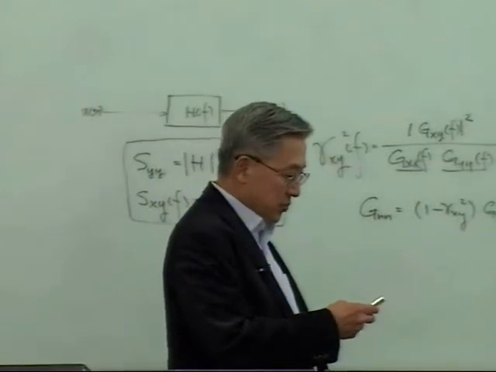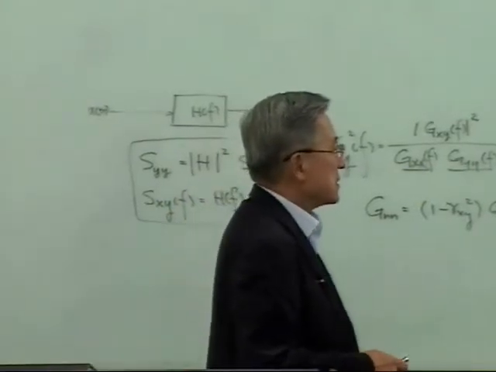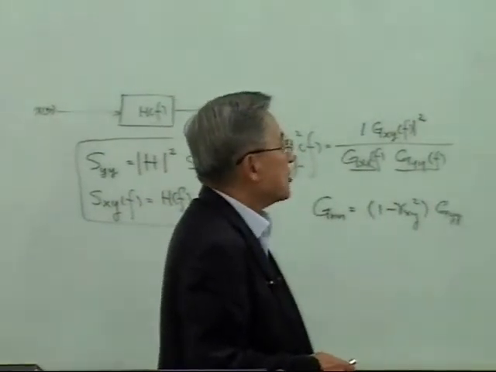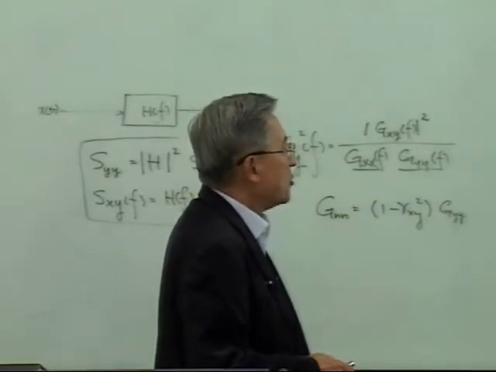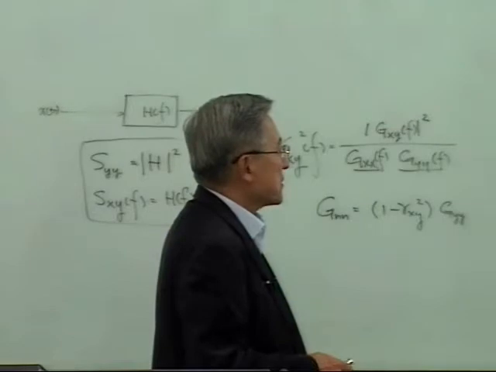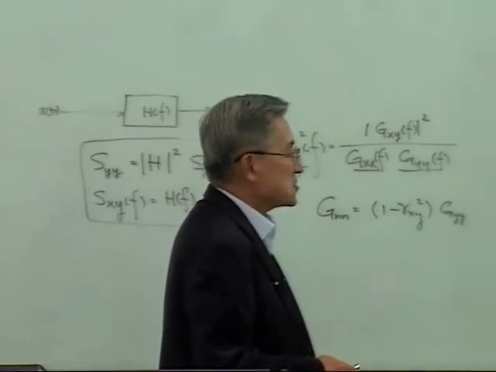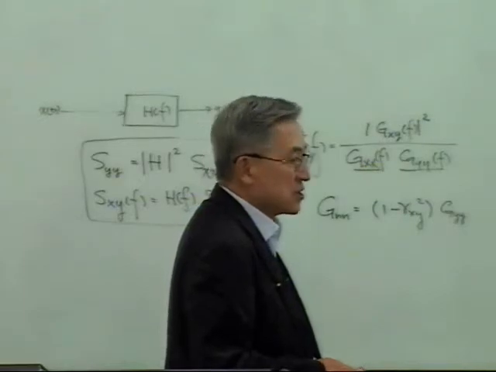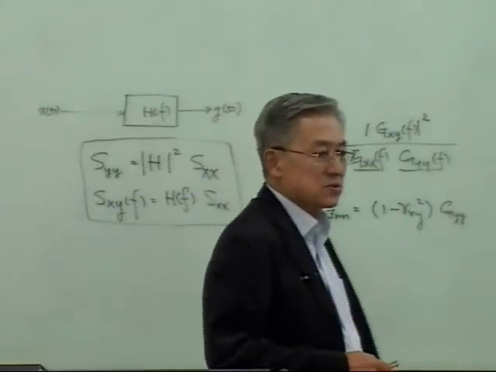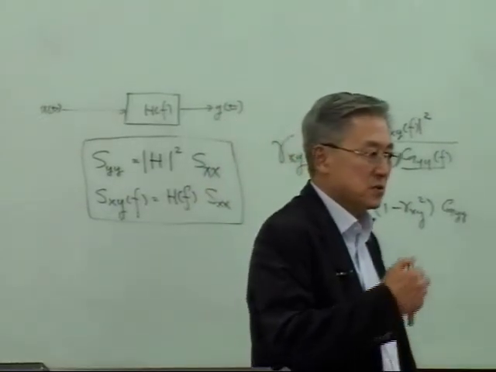GNN is the output noise spectra, right? Output noise. This is the output signature. Noise over signature, which is called the noise to signature ratio.